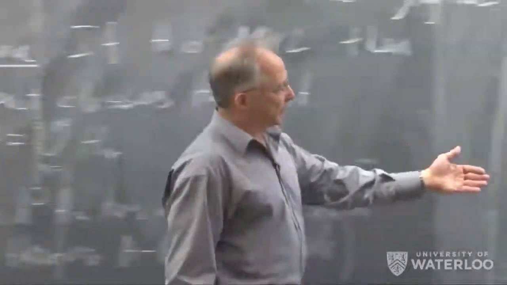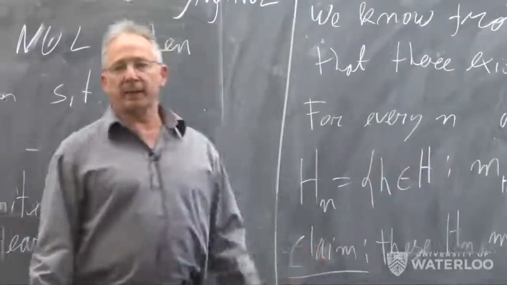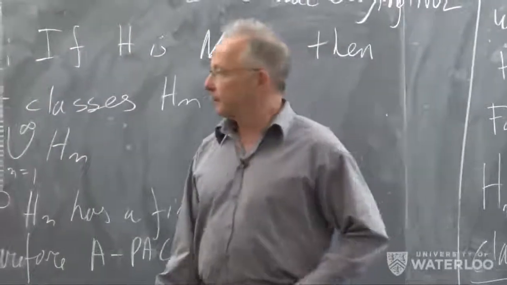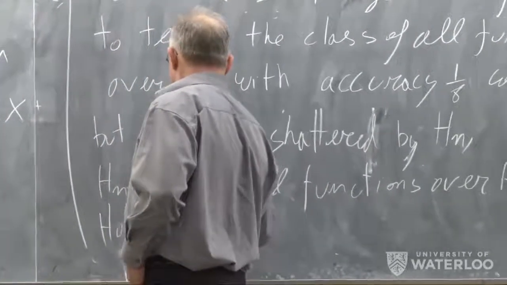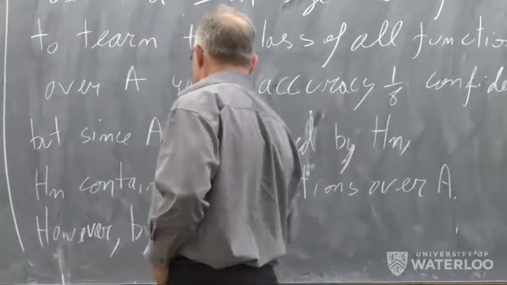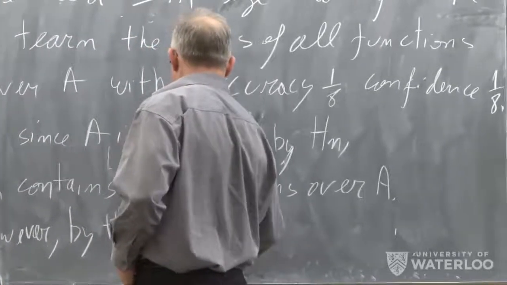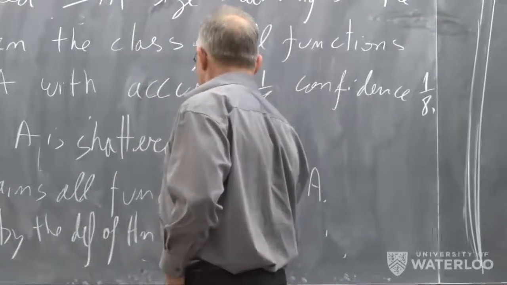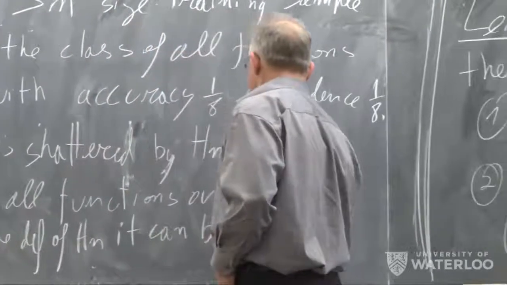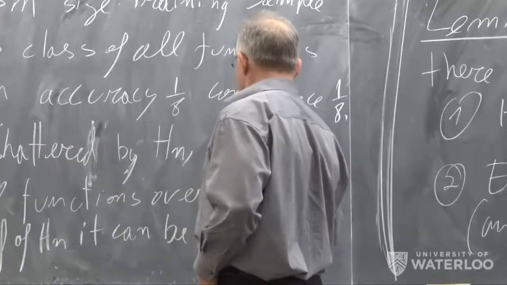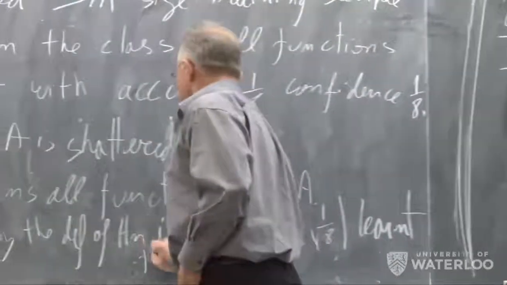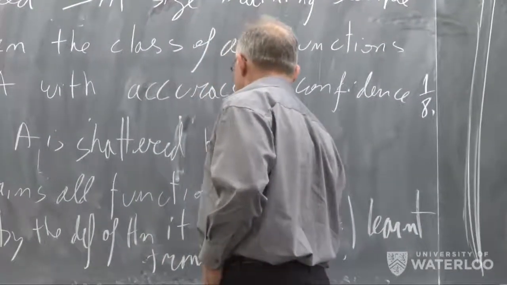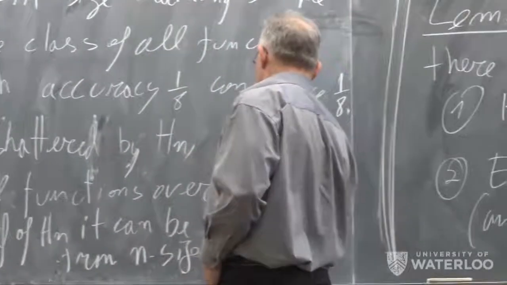However, we know that I can learn Hn with just n points. However, by the definition of Hn, it can be learned with 1 over 8 from n size samples.